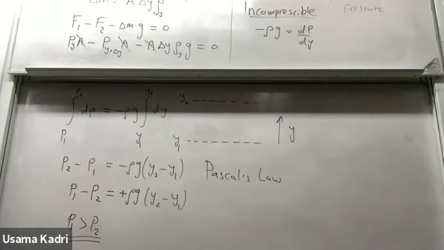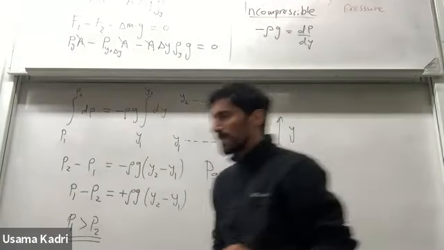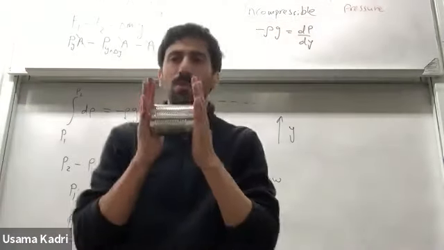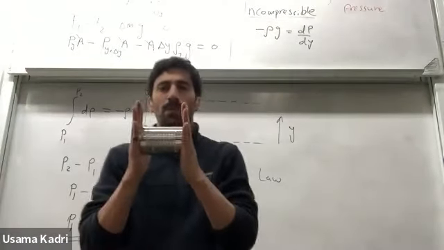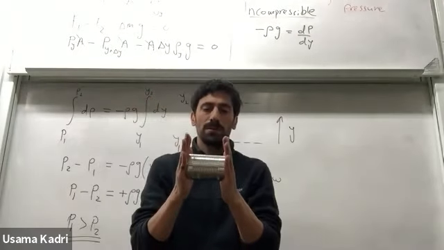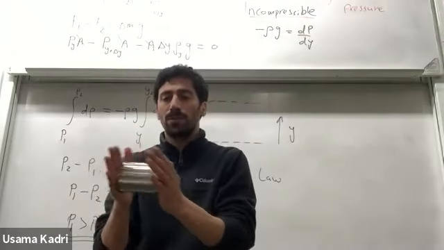All right, let's see some consequences. First, let's talk about incompressibility and compressibility, just to give you some more feeling. Say you had a can which is completely sealed, full with water, and another can full with air.